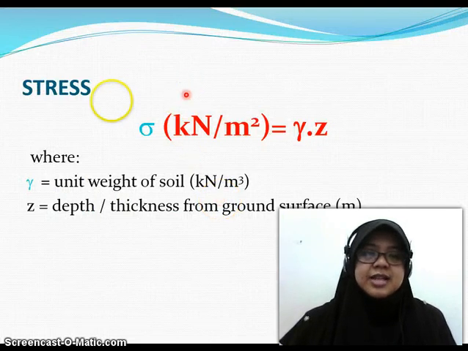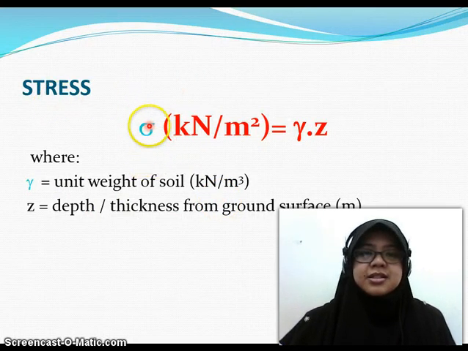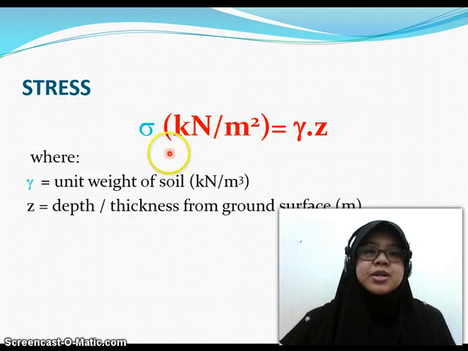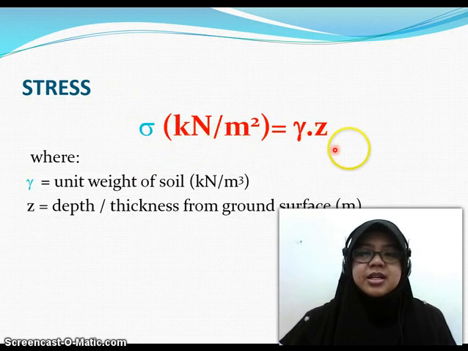This slide explains the stress calculation, how the stress is counted in the soil.